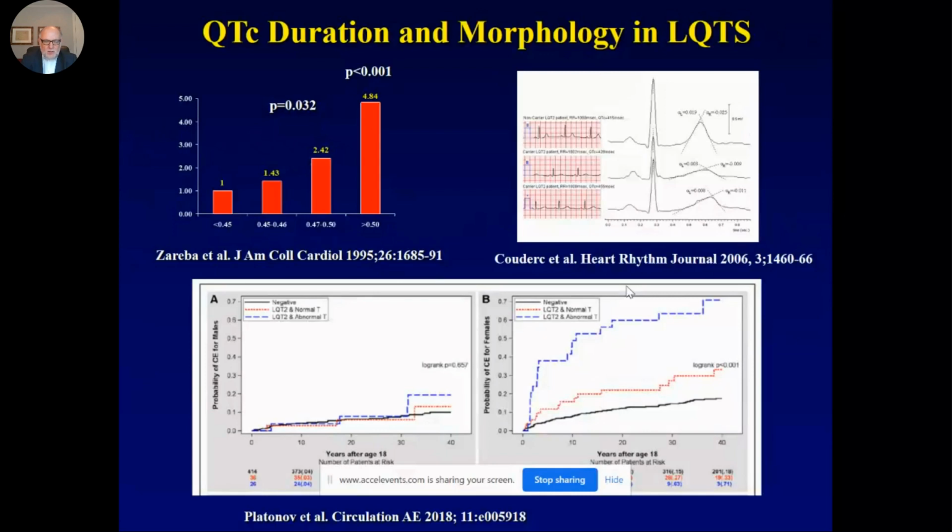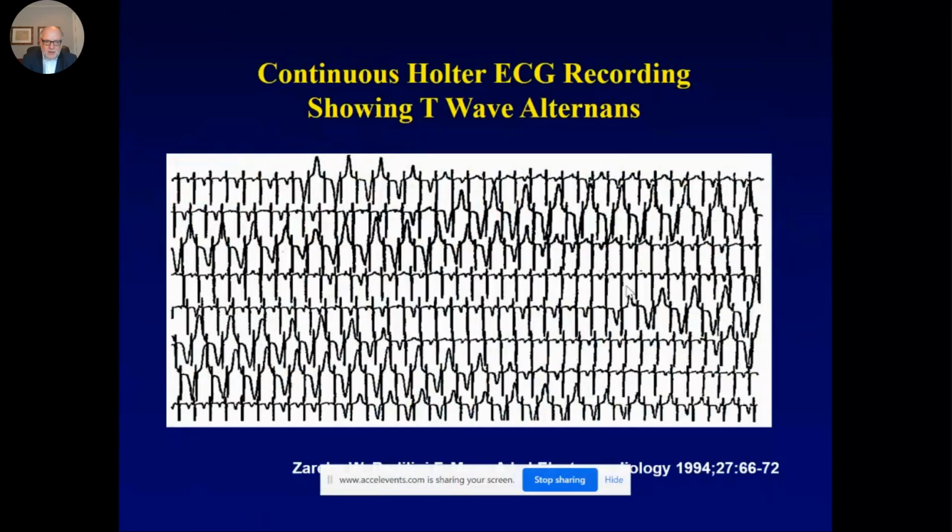But we're supposed to speak not only about QT duration and morphology, but mostly about variability of QT and heart rate. So about 27 years ago, Fabio and I presented this particular slide from one of our Holters of patients with long QT syndrome, showing this tremendous T-wave alternans in numerous leads, as you see over here, showing how dynamic these changes are.